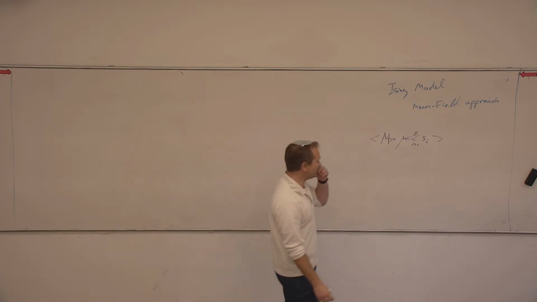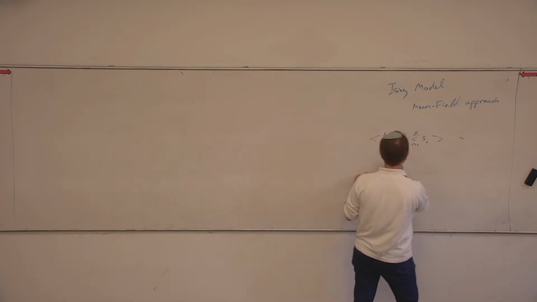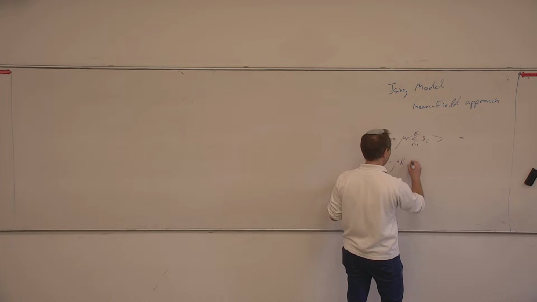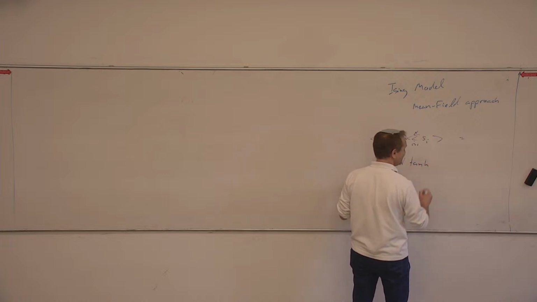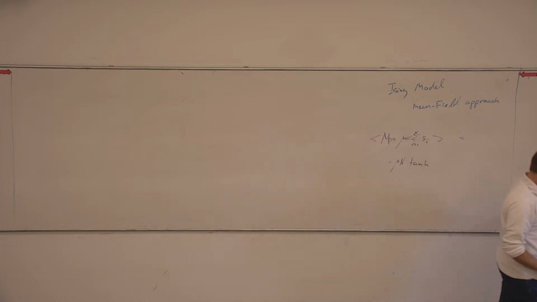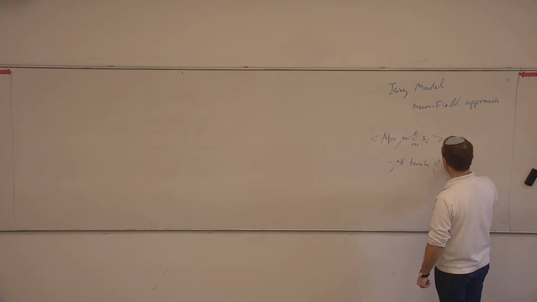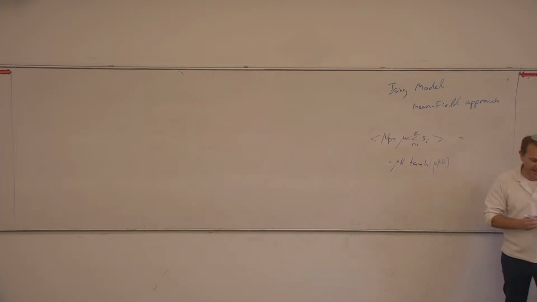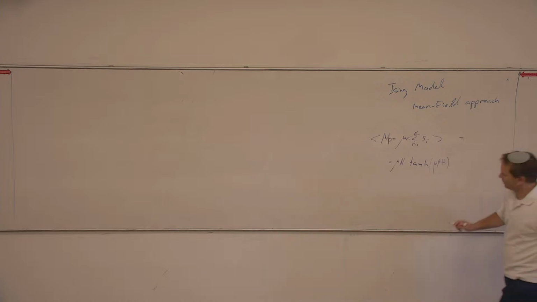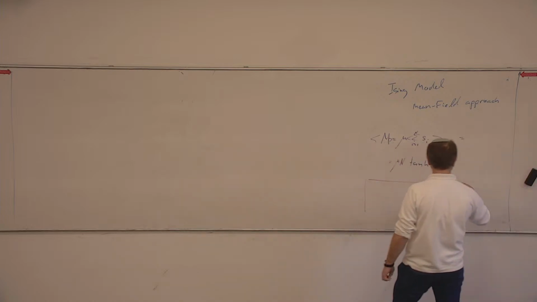And we obtain that this equals mu n hyperbolic tangent of beta mu h. So nothing really happened over here, and this was due to the form of the partition function, which was derived by us.